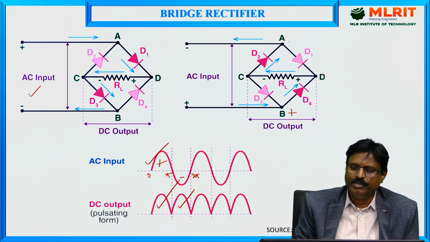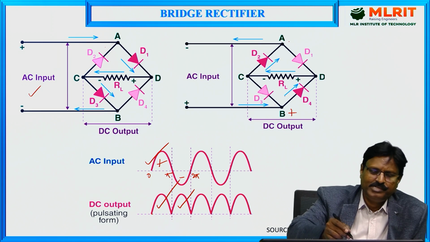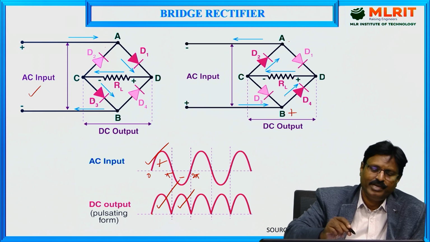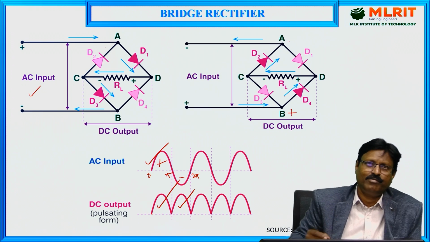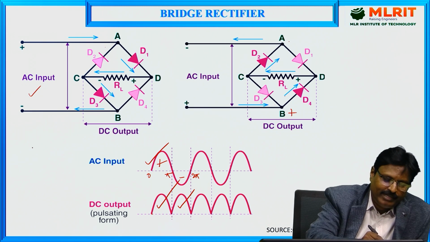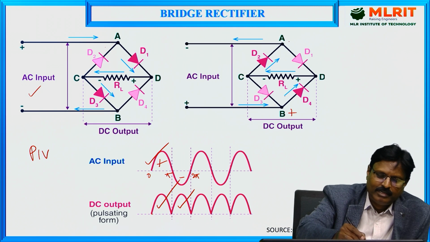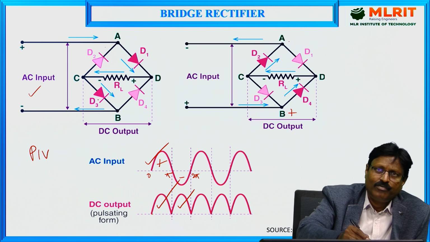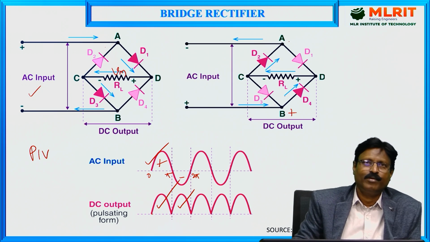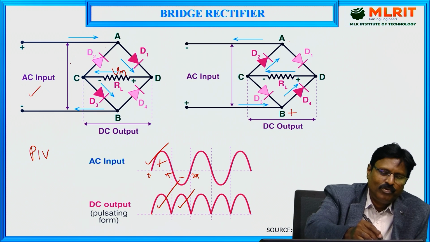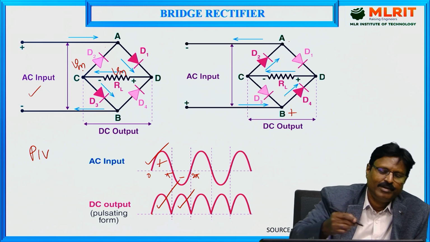During the positive half cycle, D1 and D3 are forward bias and D2 and D4 are reverse bias. If you calculate the peak inverse voltage here, as D1 and D3 are forward bias, a voltage Vm will be developed across RL, and the input peak voltage is also Vm.